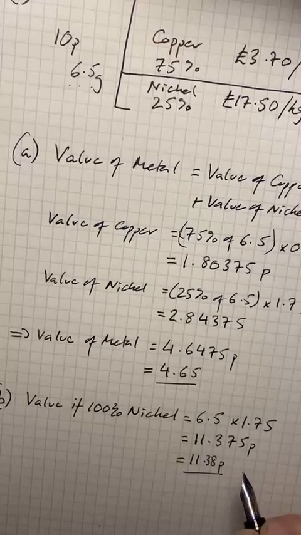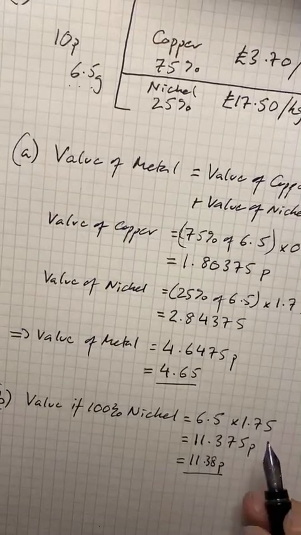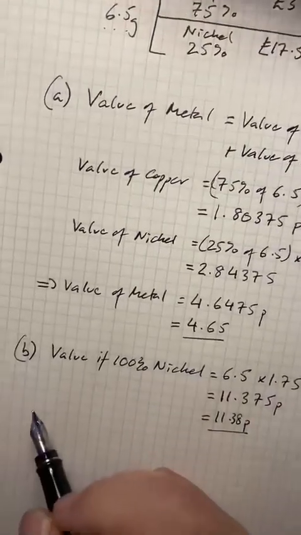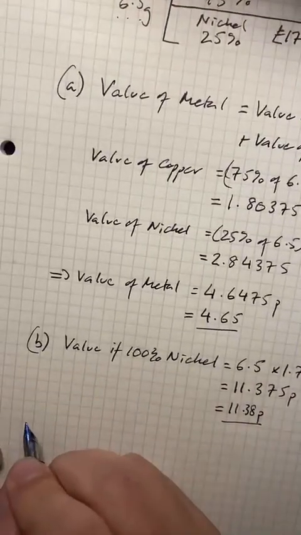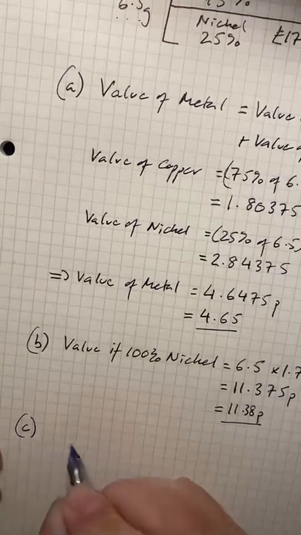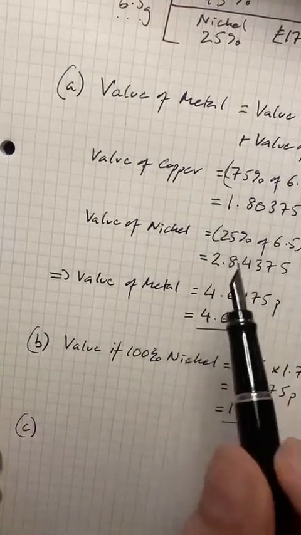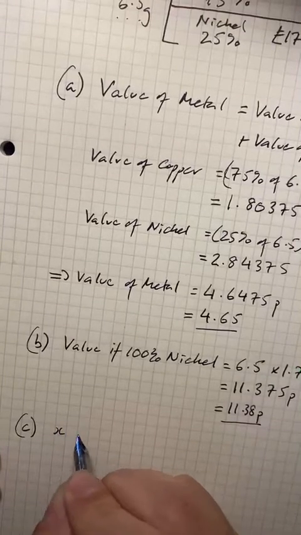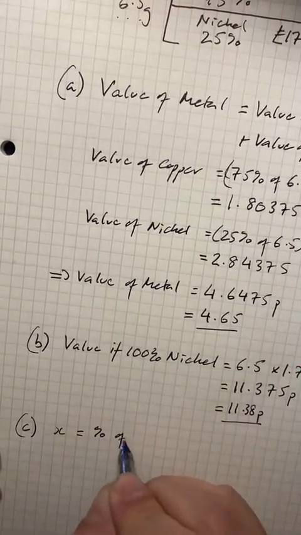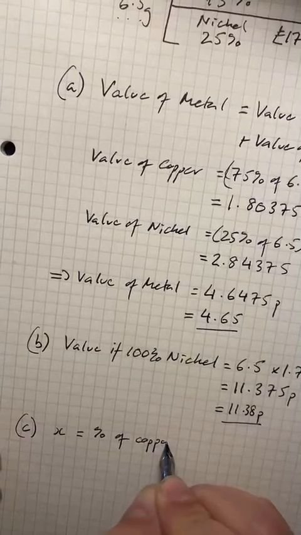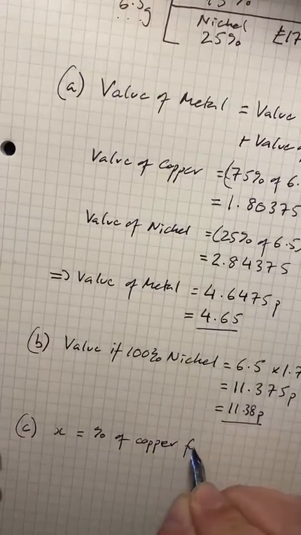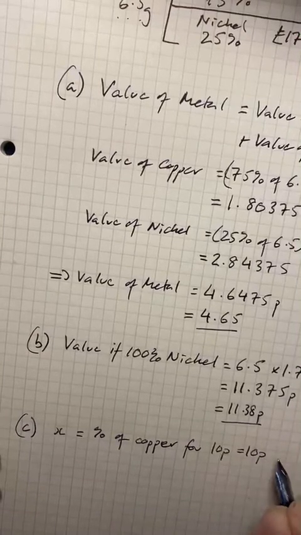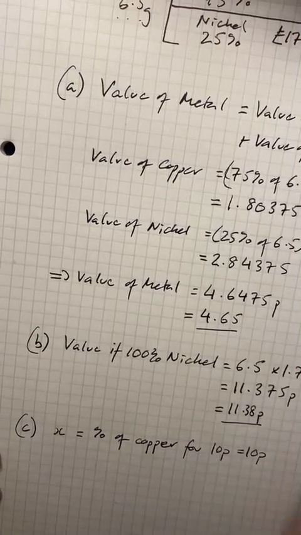Okay, and question C. So now we want to get it exactly 10 pence. So we can come up with an equation for that. We know that, let's say, x equals the percentage of copper for that scenario.